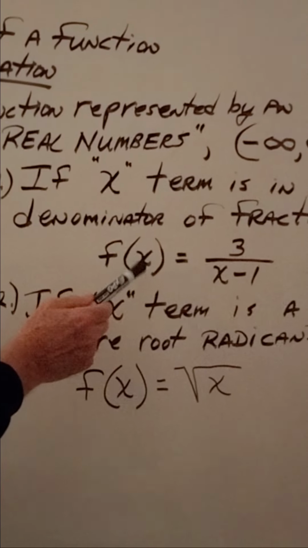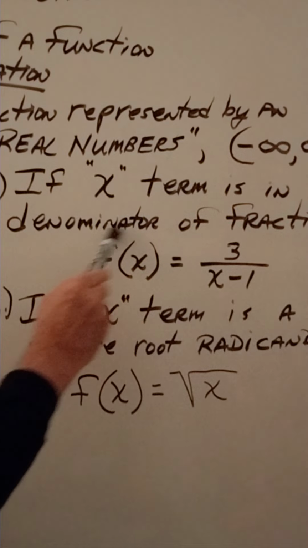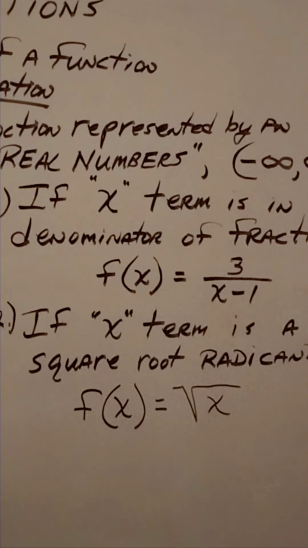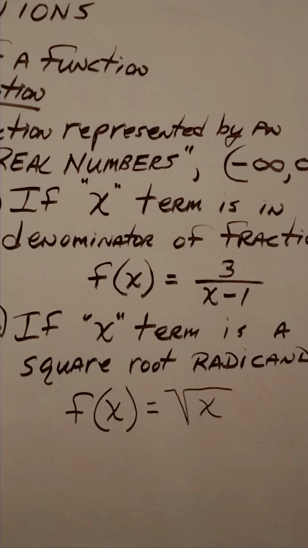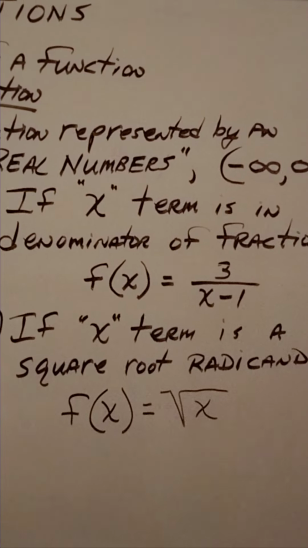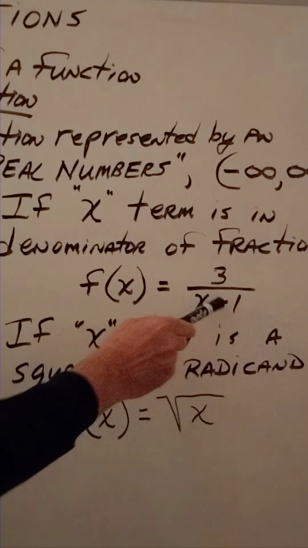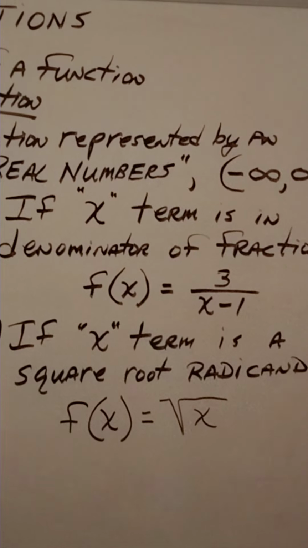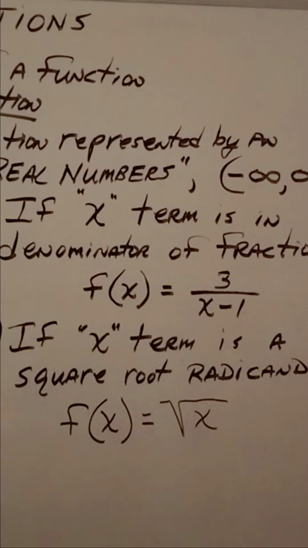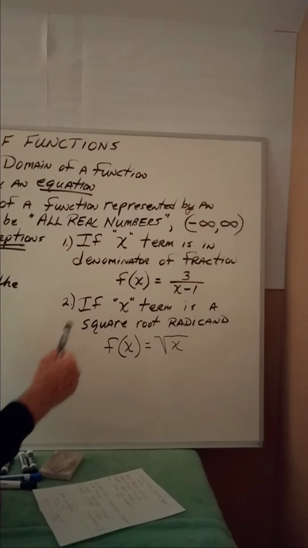If your function is being represented by an equation, there's the equal sign, and that equation contains a fraction and the denominator of that fraction contains the domain x term, a domain expression.